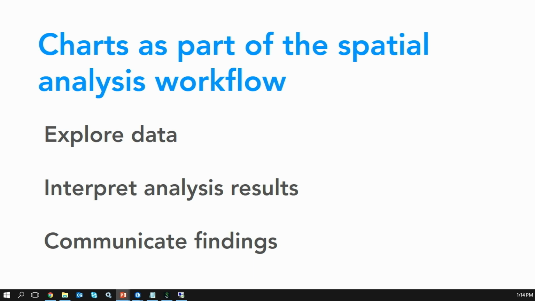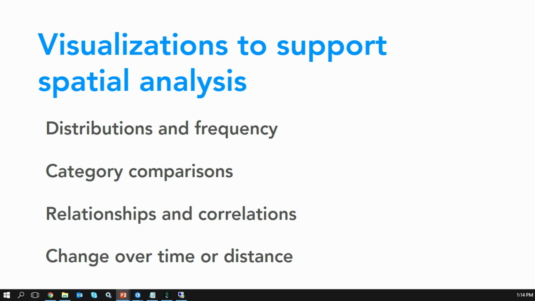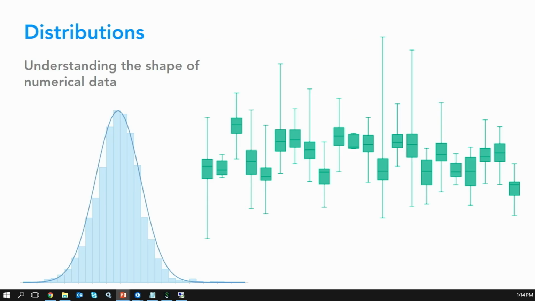And then we also need the aid of visualizations to communicate our results to decision makers or to the public. And we do this through visualizing distributions in frequency, category comparisons, relationships and correlations, and change over time or distance.